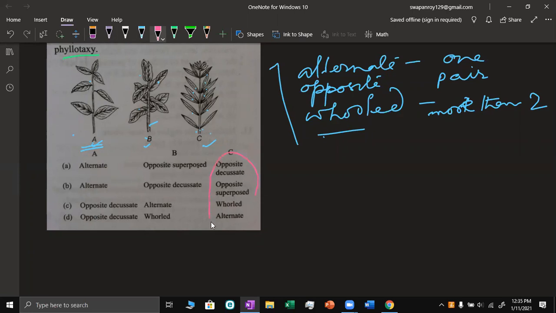Here in this portion, this should be whorl. This one is whorl, okay? And this one is opposite, and this one is alternate.